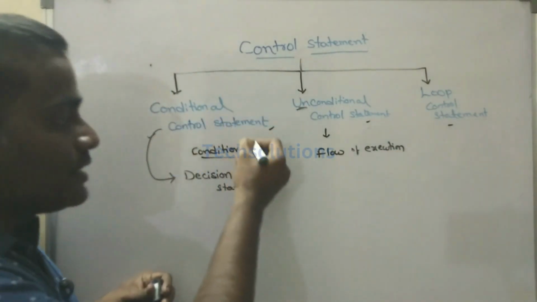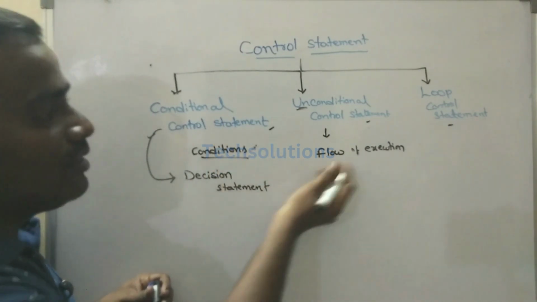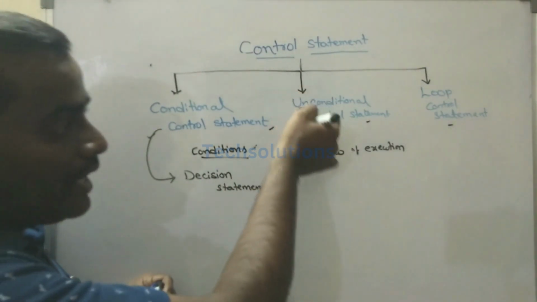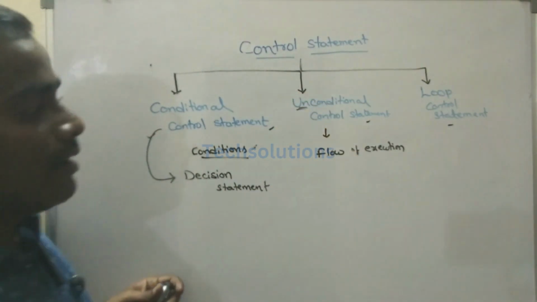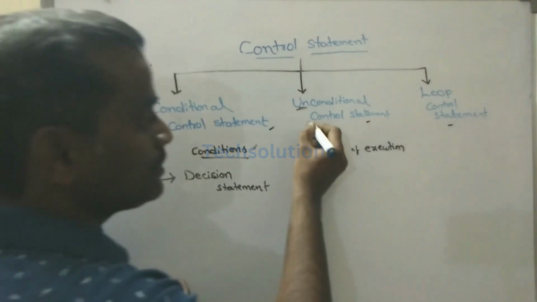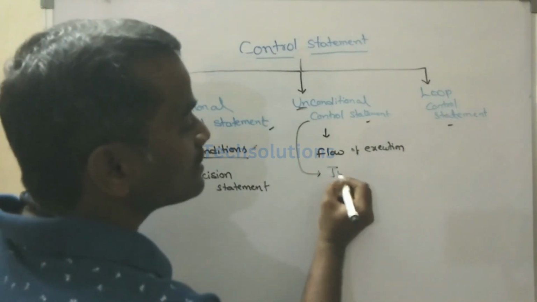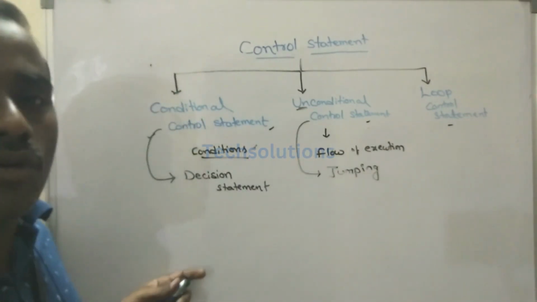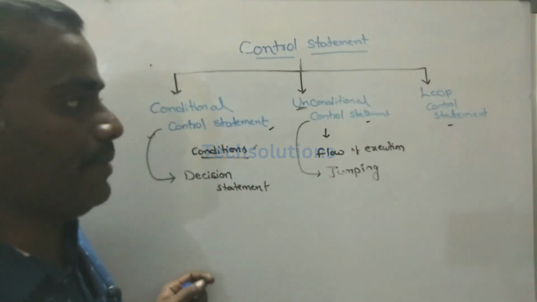Whereas in conditional statements, based on the conditions, we can control the flow of execution. Sometimes these statements are also called jumping statements. The unconditional control statement is also called a jumping statement.